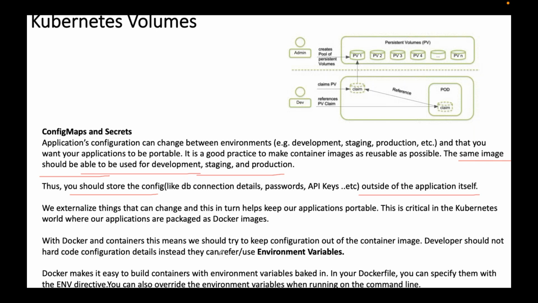If the application is referring to environment variables, fine. Suppose the application is reading from some file. Let's say this is my container. I have some property file. The application is reading the configurations from this property file or XML file, right? Your Java process or .NET process. If it is reading the configurations from a property file or XML file instead of environment variables, can I use the volumes concept?